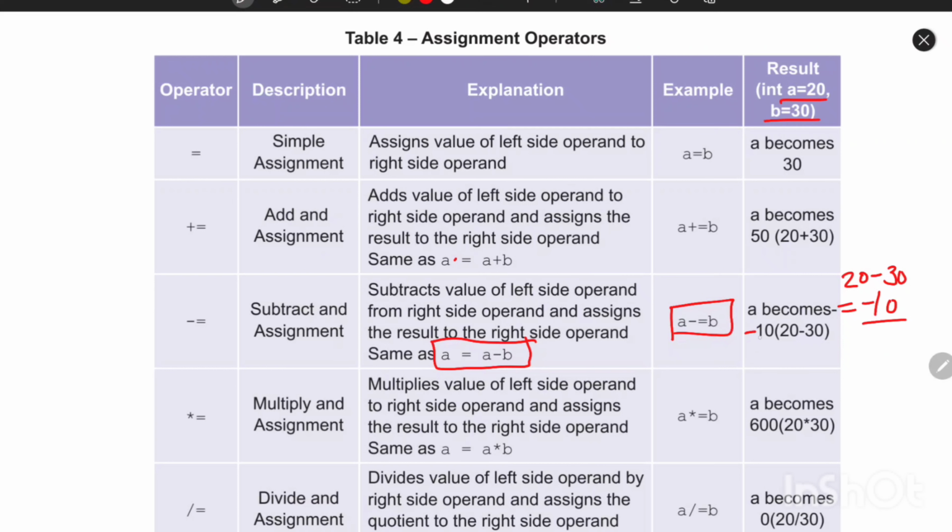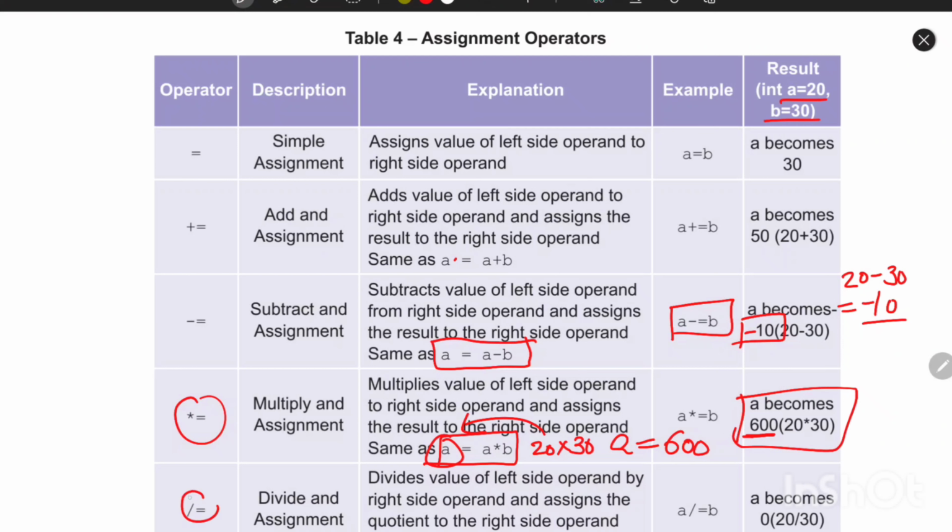Right? So the minus 10 answer will be there. Then we have multiply equals to. Basically we are writing a equal to a multiplied by b. So 20 multiplied with 30, whatever the answer is, will be assigned back to a. So a equals to 600, as you can see here.